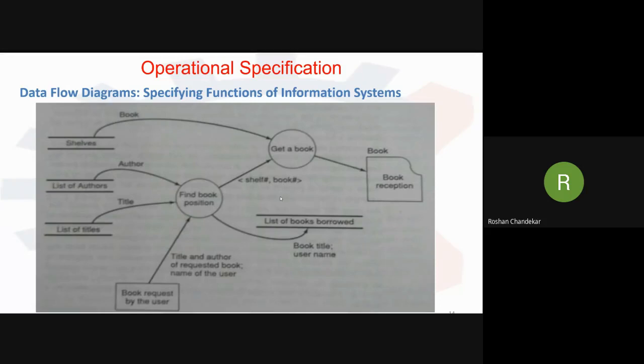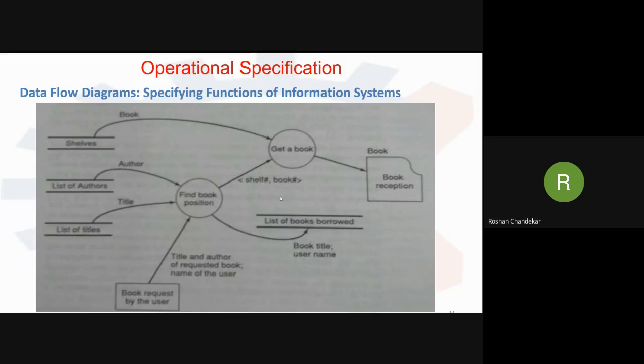comprising the shelf data store, the list of authors, and the list of titles. I'm going to remove the list of topics here. Now, get a book is from the shelf, and find a book position is from the authors and from the title. We are going to find the book position.